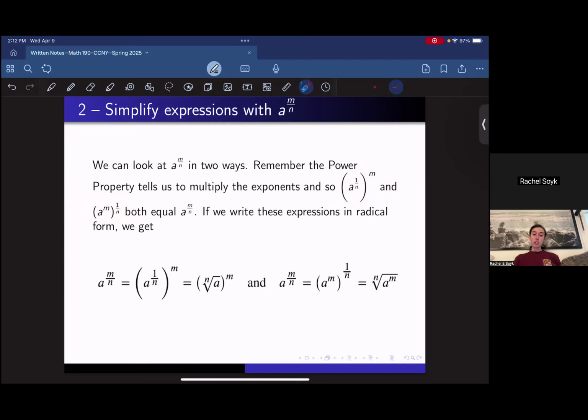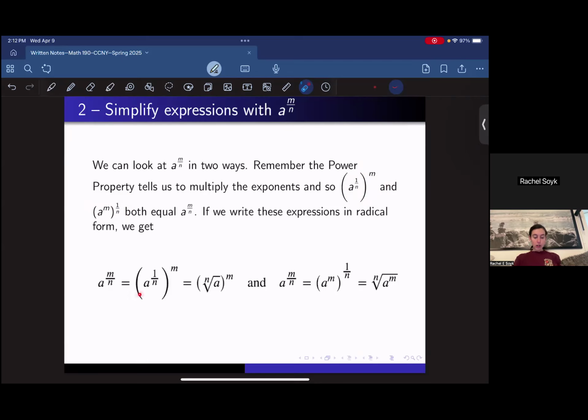So if we were to convert this rational exponent form into radical expression form, we would get the following.